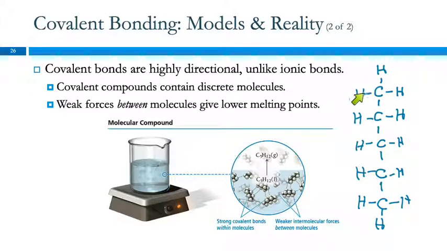This bond is just between these two atoms, not anywhere else. This bond is between these two atoms. Between this hydrogen and the hydrogen in a neighboring molecule, there's no chemical bond.